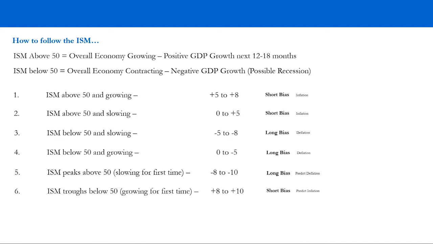Now, if the ISM troughs below 50 and is growing for the first time, so we're potentially getting less contractionary, this is also an extreme scenario. In this scenario, history tells us that predicting inflation is the right thing to look at, because inflation is likely to come around the corner. So we start predicting that inflation is going to come back into the economy, and then we have a short bias towards the currency. So we have a scorecard of +8 to +10.